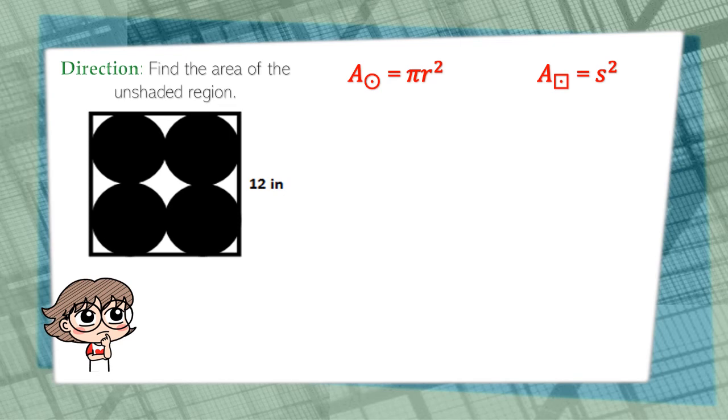So let's start first with the area of our circle. Now, hopefully you can still remember. So here, we have pi, 3.1416. So I'm going to substitute already. And radius would be, what do you think will be our radius?